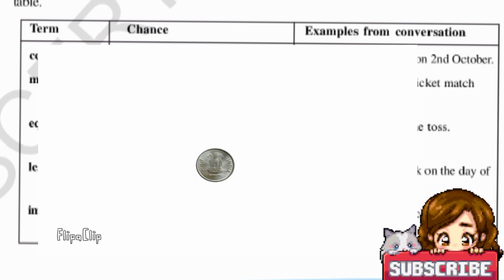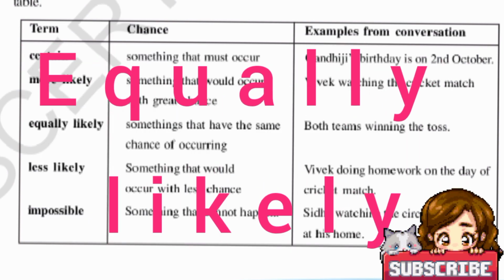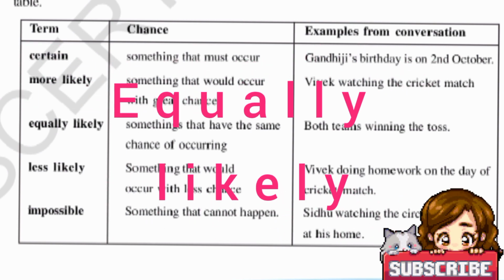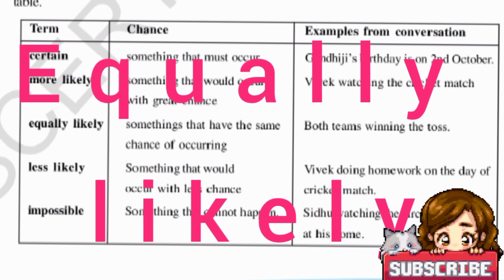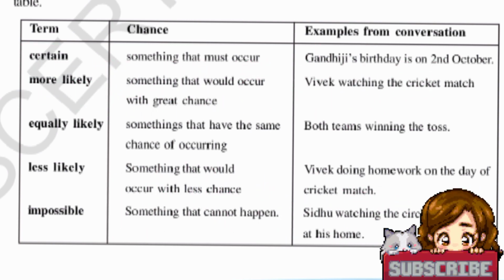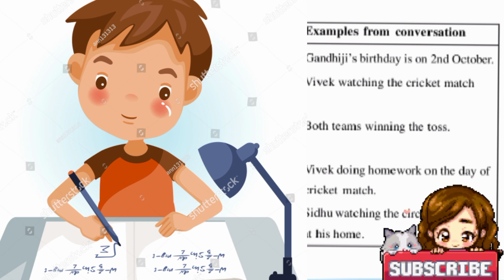The third example is a team winning the toss. That is, only one team will win the toss and the other team will lose. So, such an event where there is an equal chance of winning or losing is termed as equally likely. Okay? The next example is Vivek doing homework on the day of the cricket match.